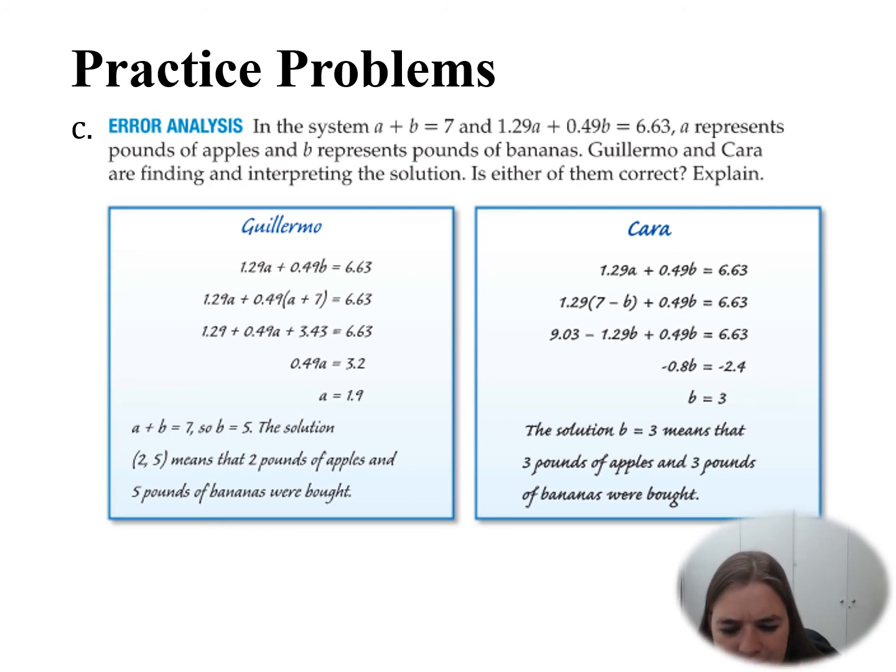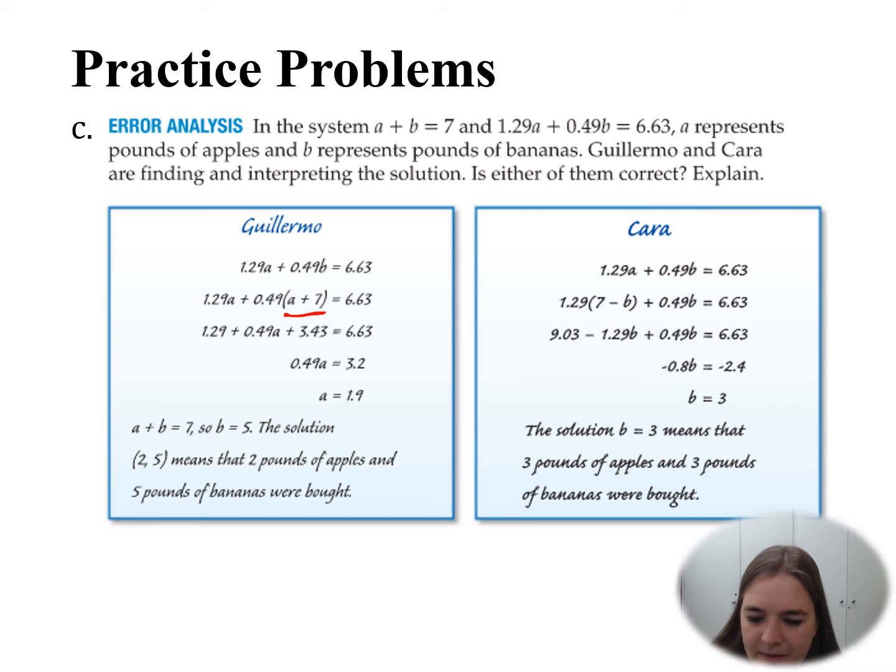So I see for Guillermo that he has the first equation copied correctly. 1.29a plus 0.49b equals 6.63. Well, then it looks like he wanted to substitute in a plus 7 as the b value. Well, let's look. If I look at the original equation here, I have a plus b equals 7.